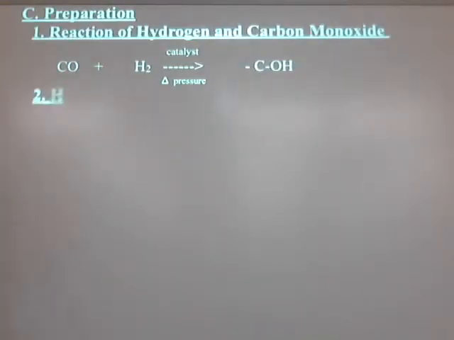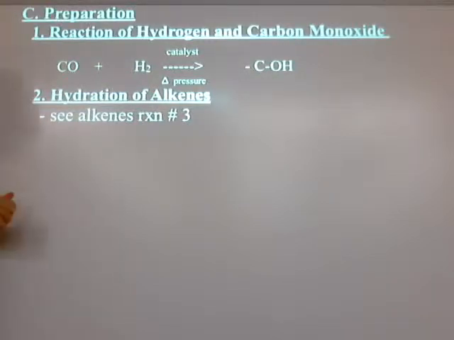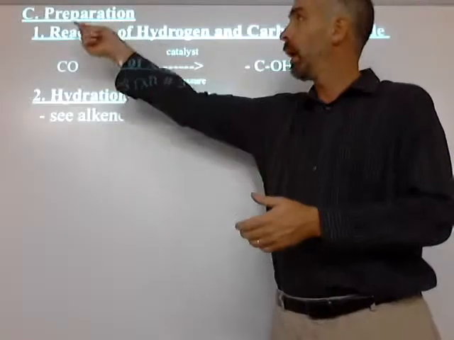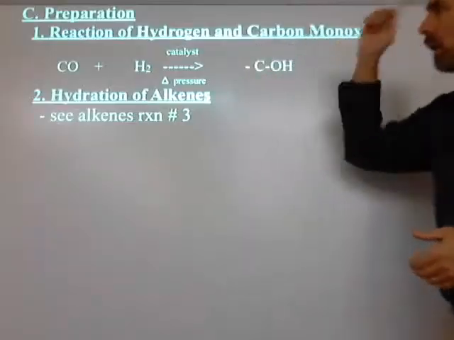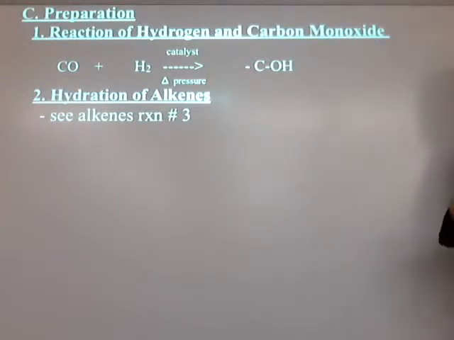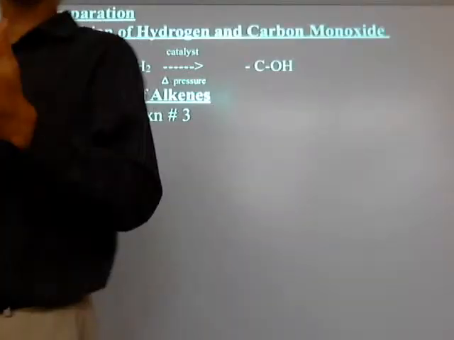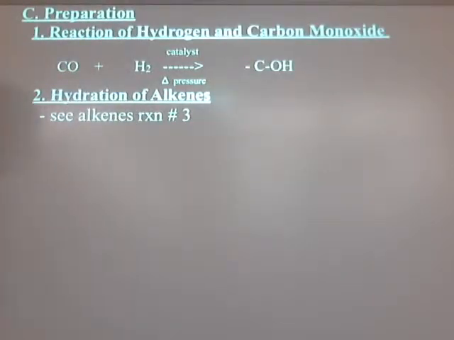Now, hydration of alkenes, I don't need to do that either. We've already seen it. If you look back under reactions of alkenes, that's the first way we learned how to do the preparation of an alcohol. And I made that alkene. I even talked about Markovnikov's rule right after it. Remember what happens when we do an alkene. The OH goes where of the choices he has? More substituted carbon. Exactly.